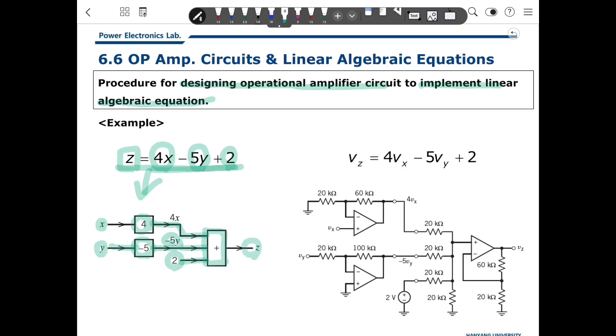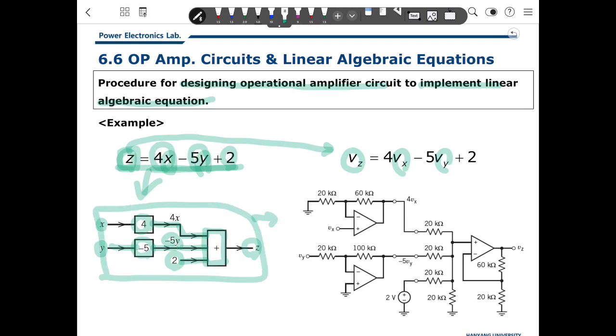It is 4x minus 5y plus 2. To implement it with an electric circuit, we can design the variables as voltages. So the G value is expressed with the voltage Vz, X is the voltage Vx, and Y is Vy. Then our final circuit to implement this diagram looks like that.